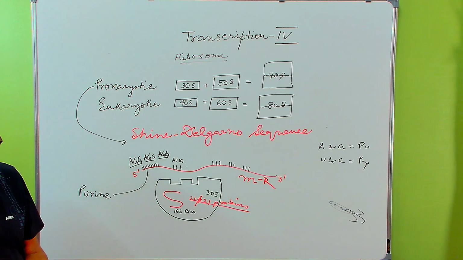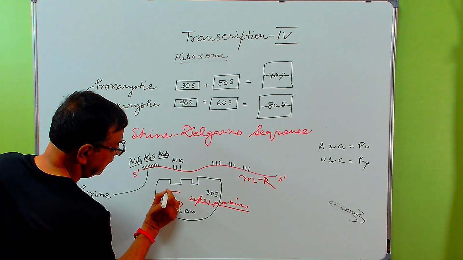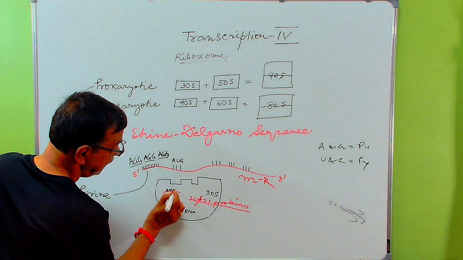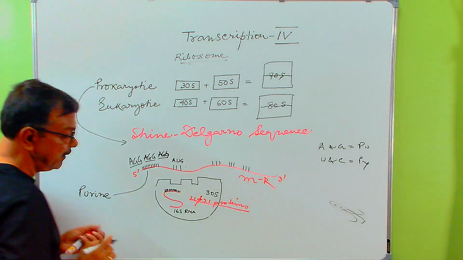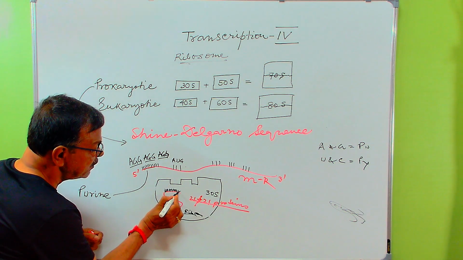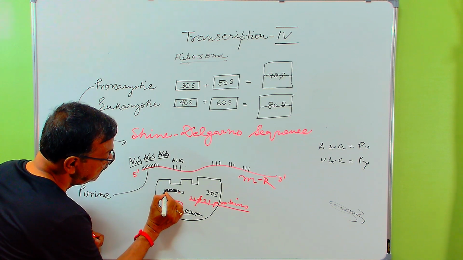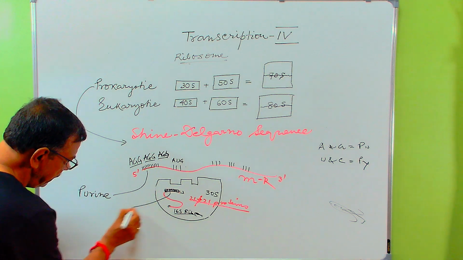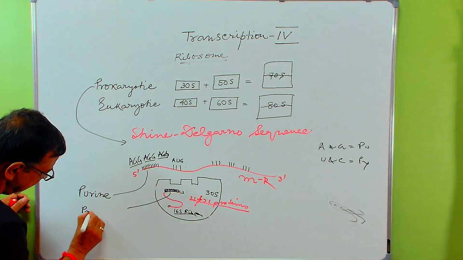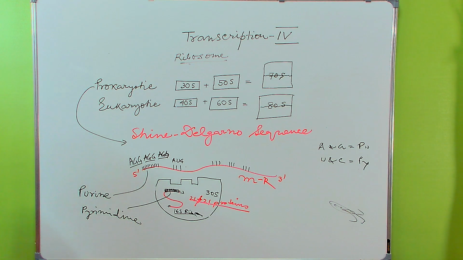Why? It is seen that in the 16S RNA, at the 3' to 5' end, there also remains a sticky area. This is full of pyrimidine bases.